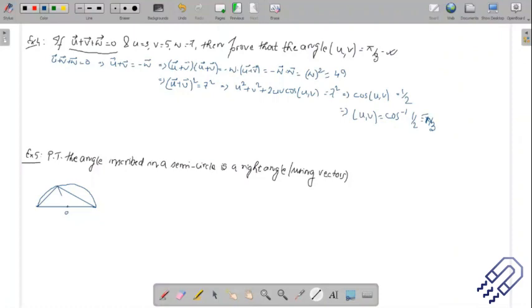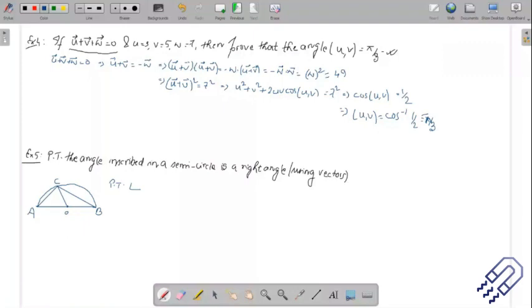That means the angle ACB, right? So basically we have to show that angle ACB is equal to 90 degrees. That's what you have to prove.